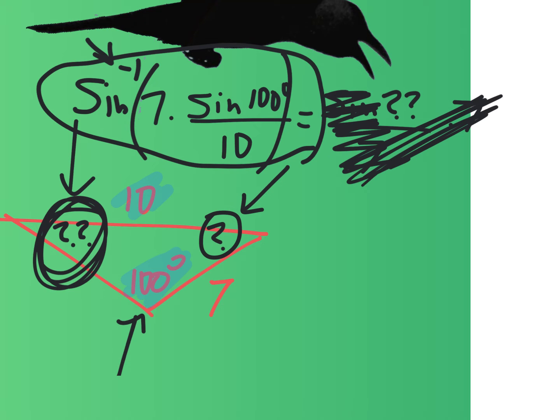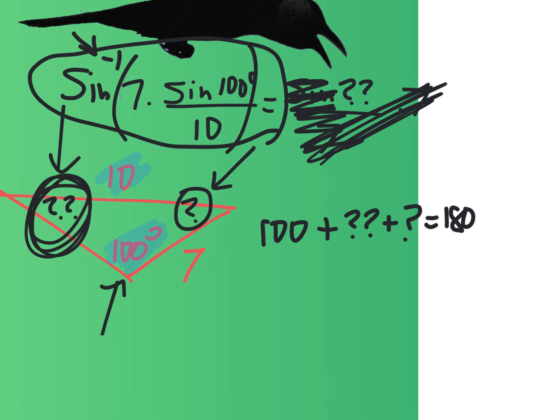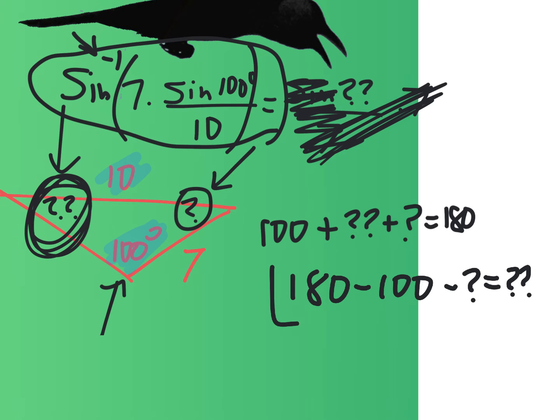And then I can say that 100 plus question mark plus double question mark equals 180. So I could also say that double question mark is 180 minus 100 minus question mark. 180 minus 100 is easy.